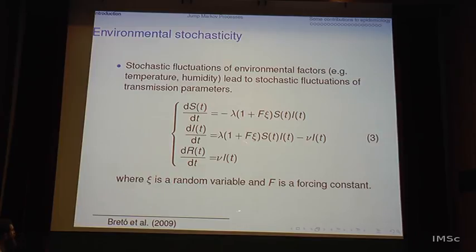So that's just what I did in the SIR model. I multiplied the contact rate by a factor that is partially stochastic. Like I can say that this variable is random, and so all the system becomes also stochastic.